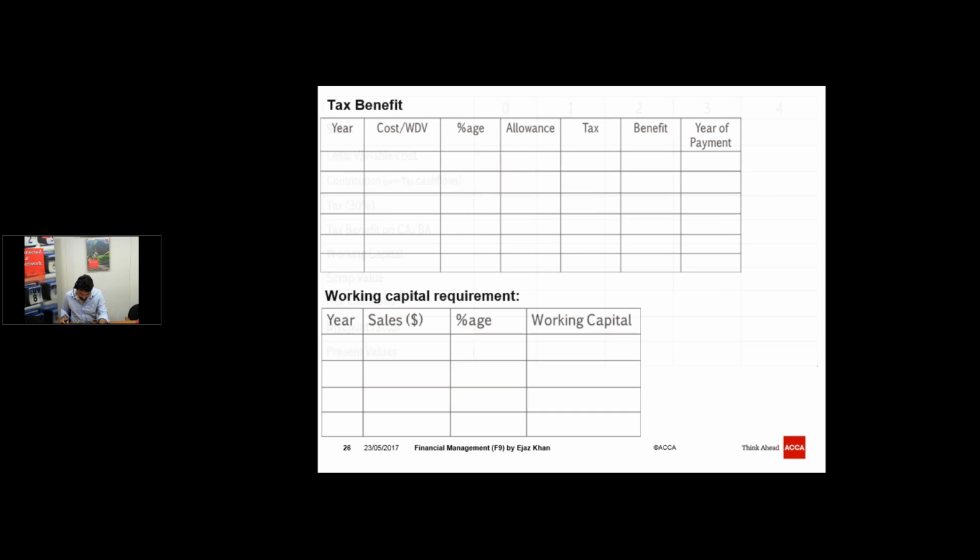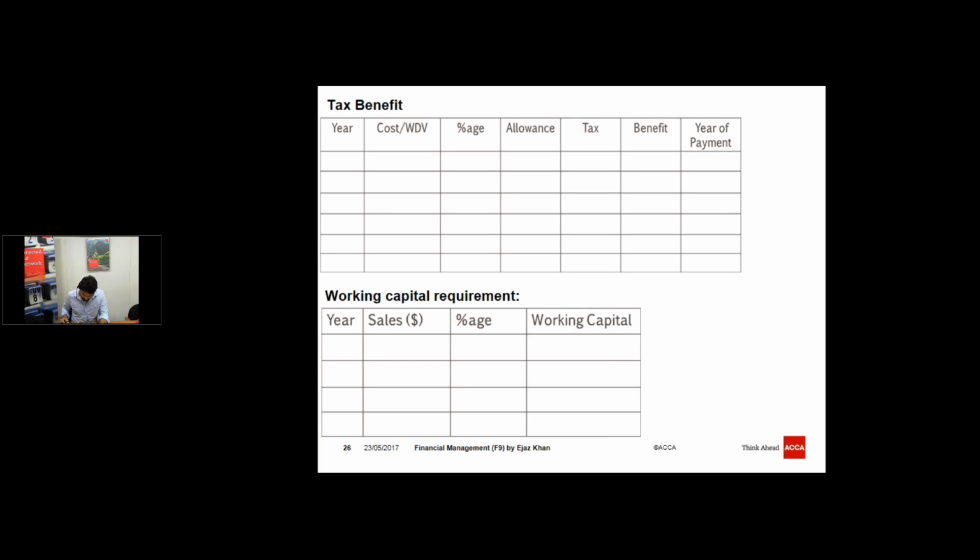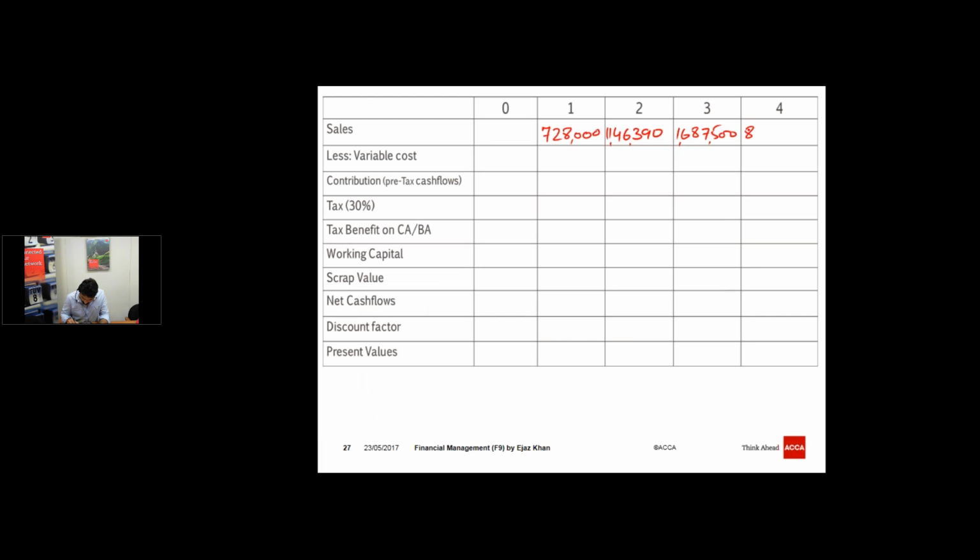And for year four, it's 842400. So these are the sales figures.